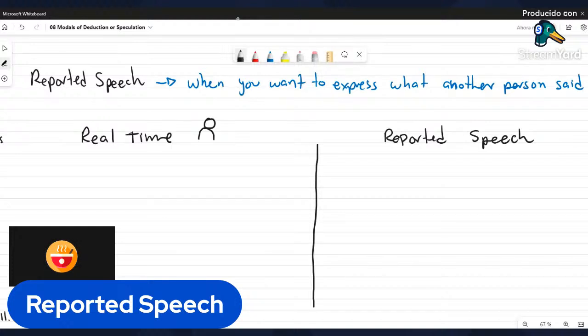And in reported speech, what did he say? There you go. What did he say or she say or the character or anything? What did they say? That's basically reported speech.